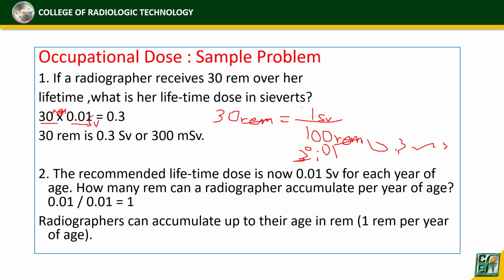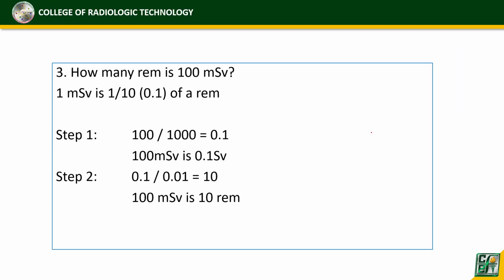Okay? So madali lang yung conversion niya. Medyo mahirapan lang kayo sa conversion ng coulomb per kilogram and Röntgen, ng radioactivity, kasi scientific notation. Baka magkamali kayo sa exponent kung negative ba yun or positive. So, just be careful.